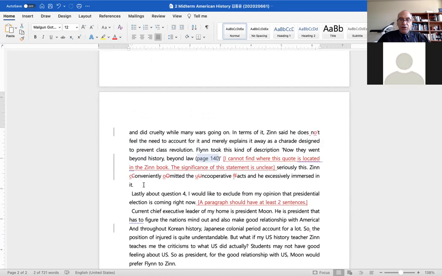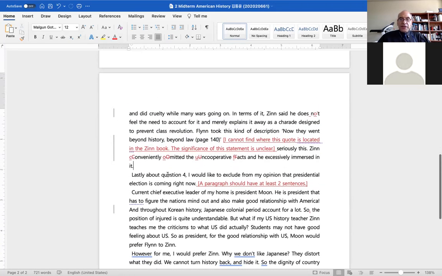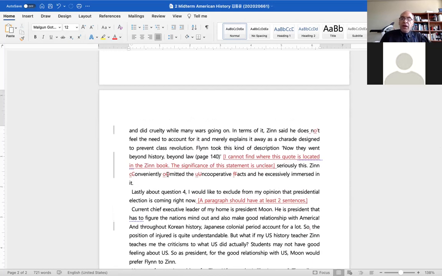Yeah, I think, how do you think Zinn would defend his emphasis on the crimes and the atrocities and the massacres of the white people, and does not discuss the atrocities or massacres of the Indian people, by the Indian people? Why do you think Zinn would, what do you think Zinn's argument or defense would be?